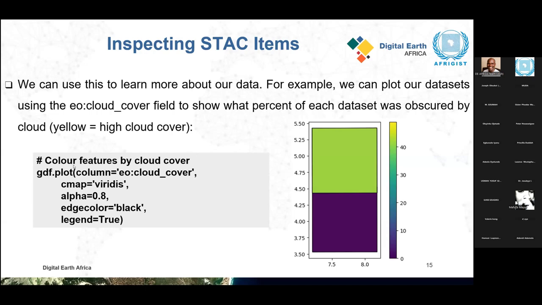So here we have a comment, color features by cloud cover, gdf.plot(column='eo:cloud_cover'. We give the coloration of the map, viridis, we give alpha equal 0.8, and we give the edge color, black, and legend true.